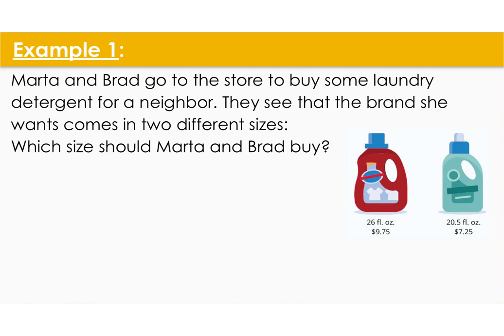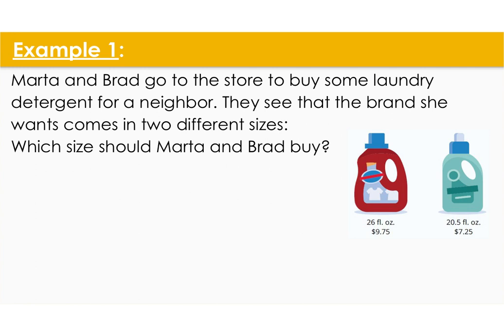Marta and Brad go to the store to buy some laundry detergent for a neighbor. They see that the brand she wants comes in two different sizes. Which size should Marta and Brad buy? So we need to figure out how much each one of these costs per ounce.